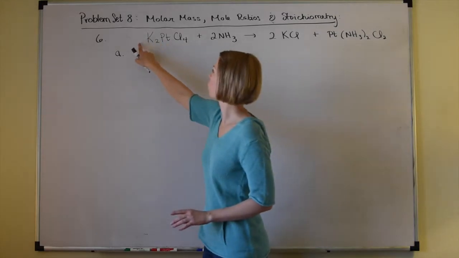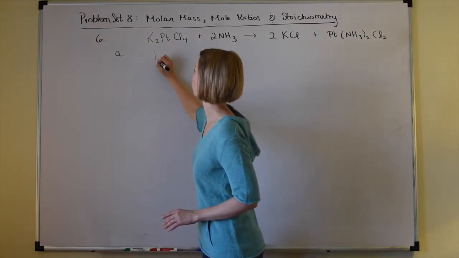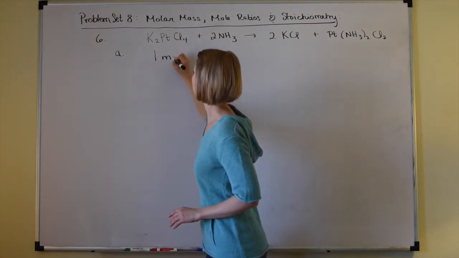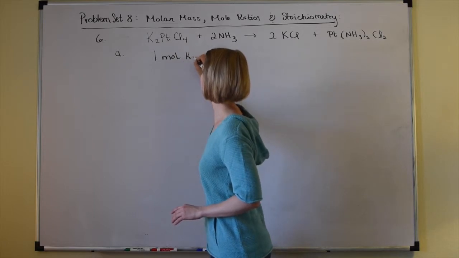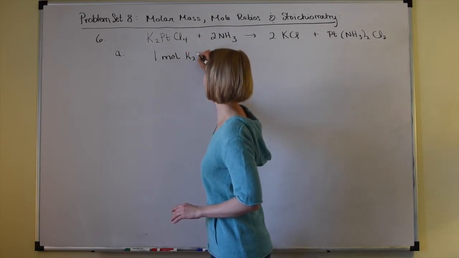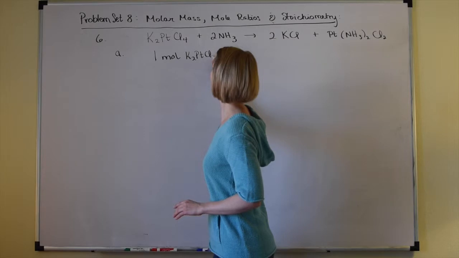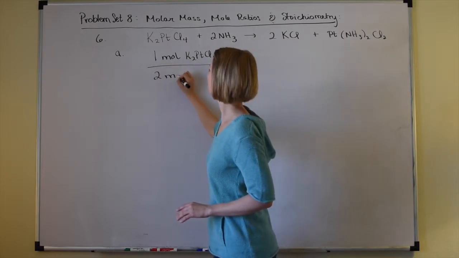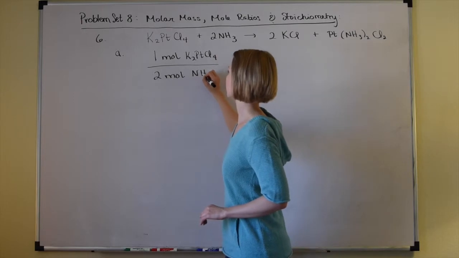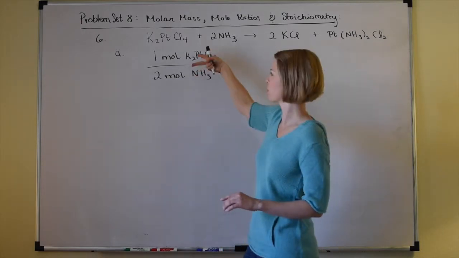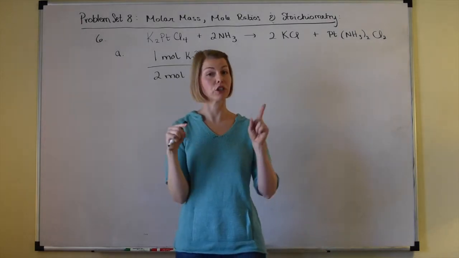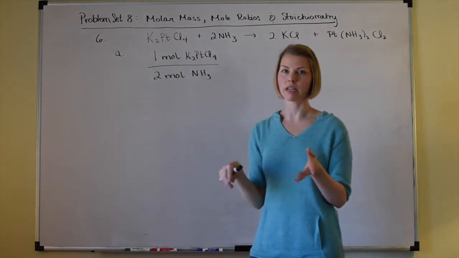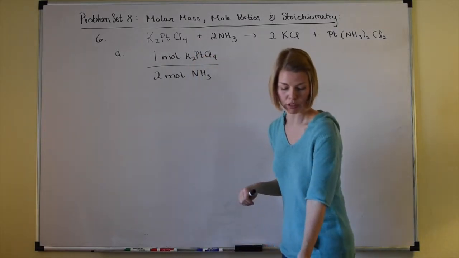So we can see it's a 1-to-2 relationship. So 1 mole of the potassium tetrachloroplatinate to 2 moles of the ammonia. And if you wrote it in reverse, that's okay too. Just make sure the 2 is with the ammonia and the 1 is with that potassium compound.